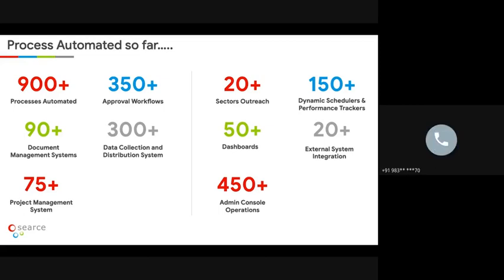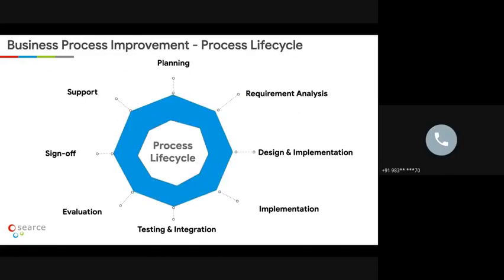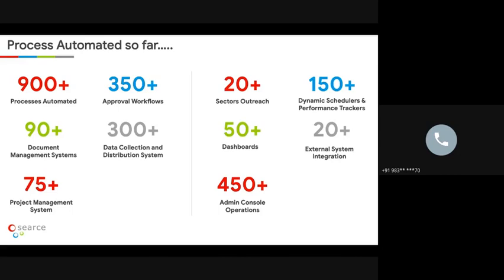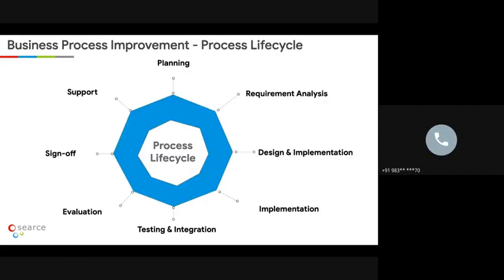We have a team of 10 application specialists, 3 business transformation managers, and 5 project managers. If you think these look like smaller numbers, we have completed more than 900 automated processes and created 350 plus approval workflows. These are just a few numbers to tell you that we can actually make a difference and utilize G Suite at its best.